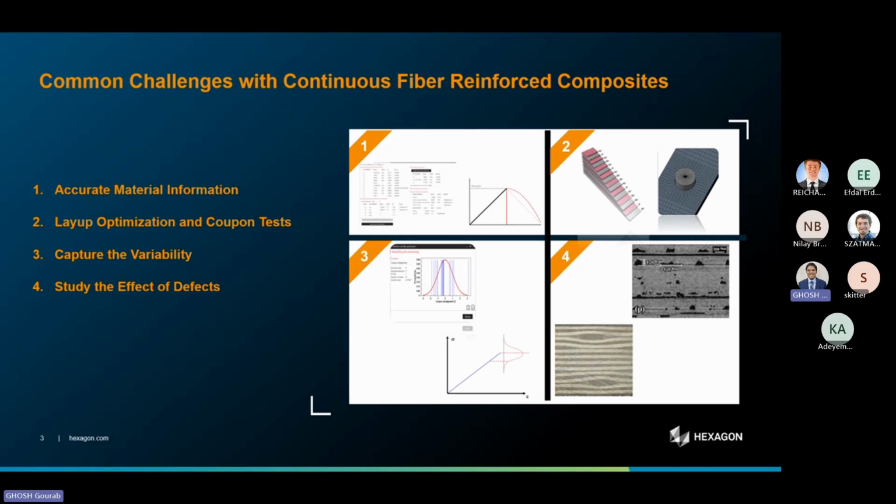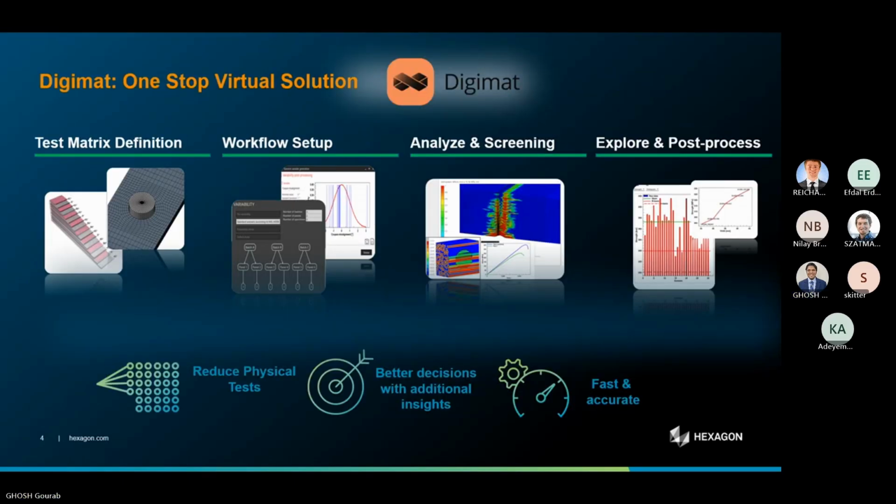So how do we take those things into account and still accurately predict how the composite is going to behave and how my final car part is going to behave? All of those things we will discuss today. These are the common challenges and how we can solve them with Digimat.